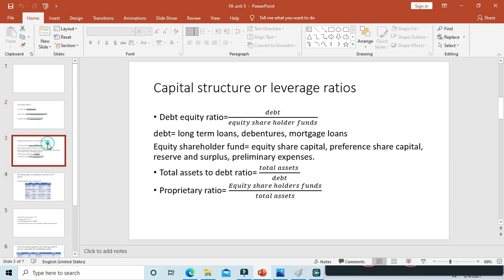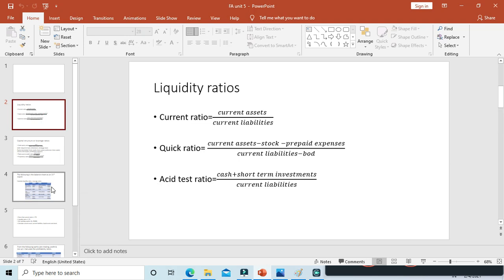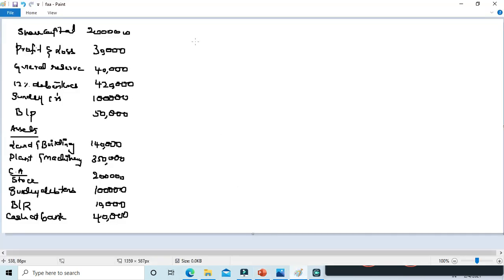Your current assets include, as you can see, he has given you all the list: stock plus sundry debtors, bills receivable plus cash at bank. These are all the things he has taken, so we'll take them all. Okay, so we'll add all of them.